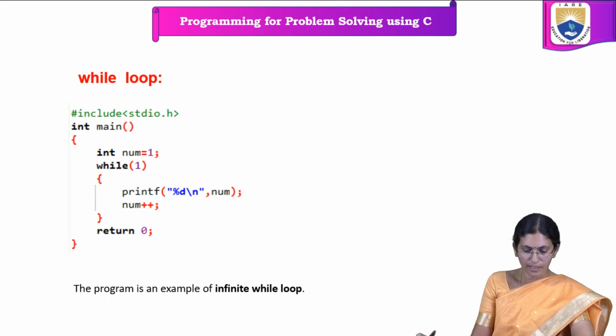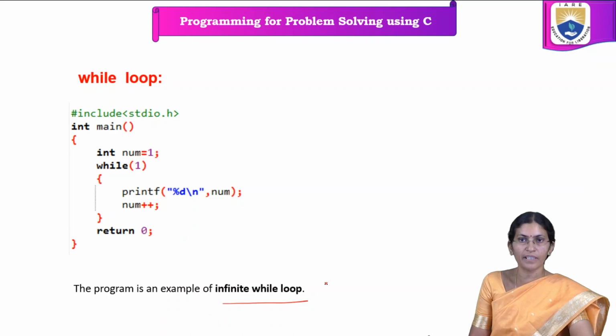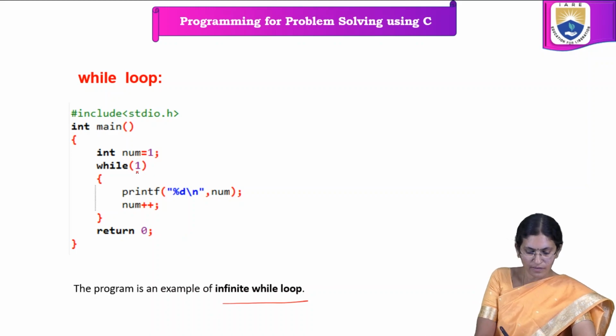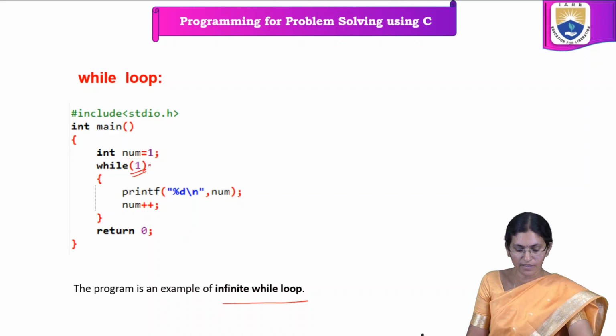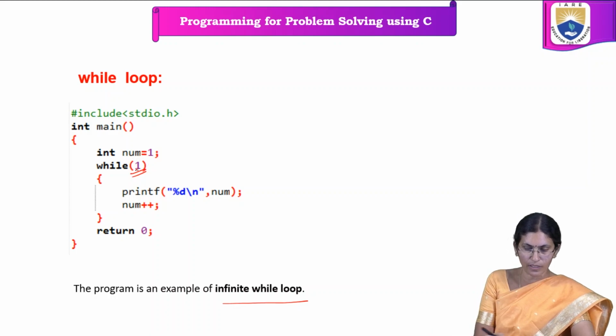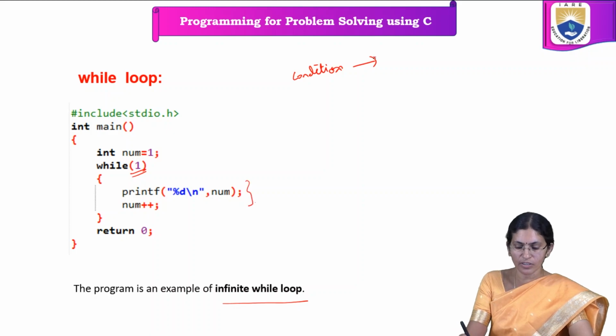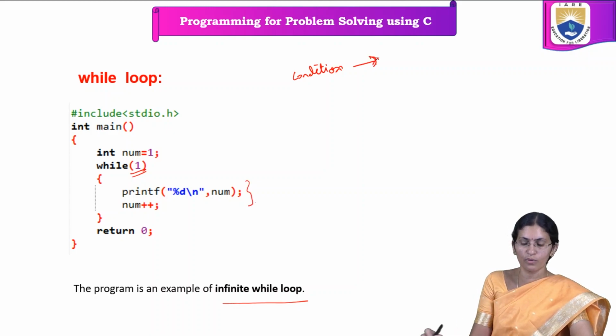Next, one more example of an infinite while loop. Here, in the test condition we have written just the number 1. For the statements to be executed inside the while loop, the condition should evaluate to either true or false.